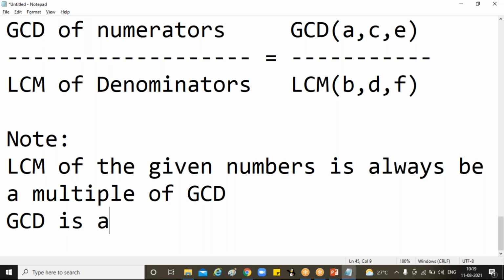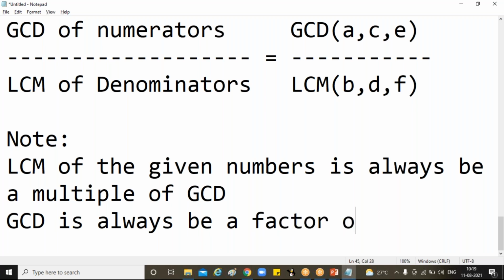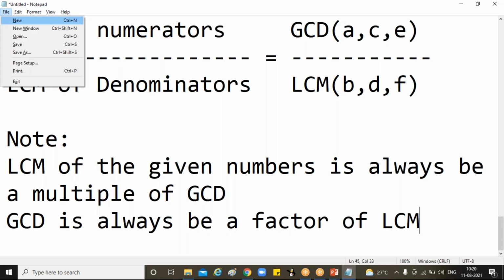GCD or HCF, both are the same. GCD is always a factor of LCM. Most important point, ma.